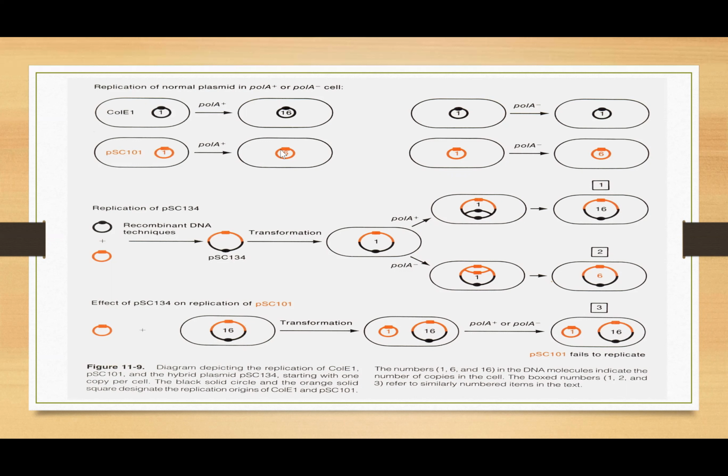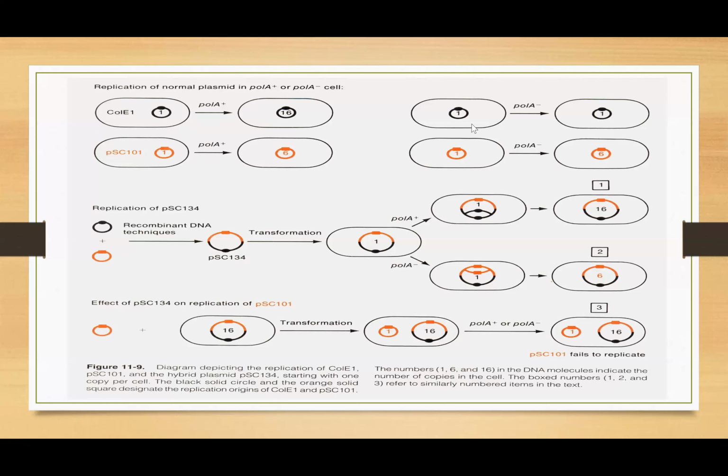So it's a low copy number plasmid. Let me tell you here that Col E1 uses the host cell DNA polymerase for its replication, whereas pSE101 has its own replicase, so it doesn't depend on the host DNA polymerase.